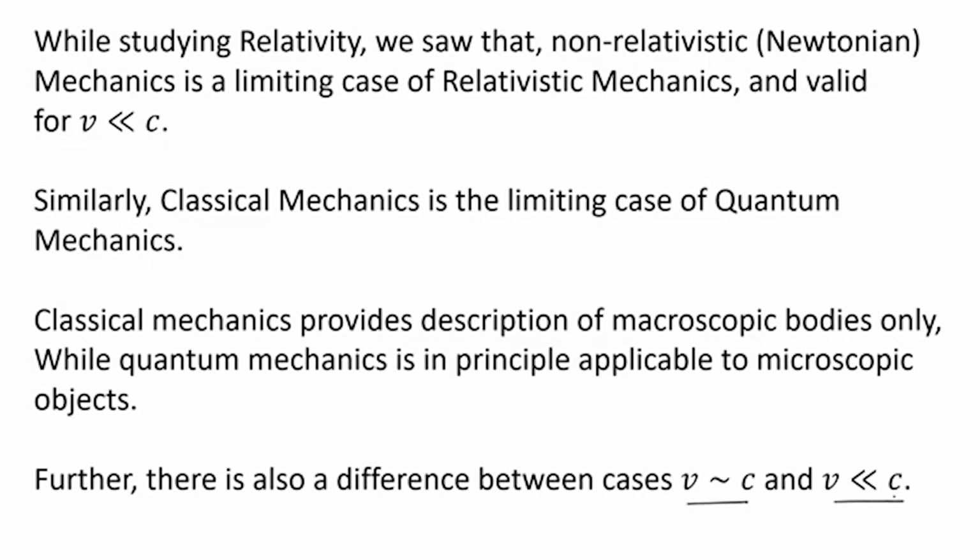The velocity of a particle can never be larger than c, but it can be of that order; 10% of c is also a very large velocity, knowing the speed of light, which has been talked about many times while teaching relativity. So, these are cases that also have to be distinguished even in quantum mechanics.